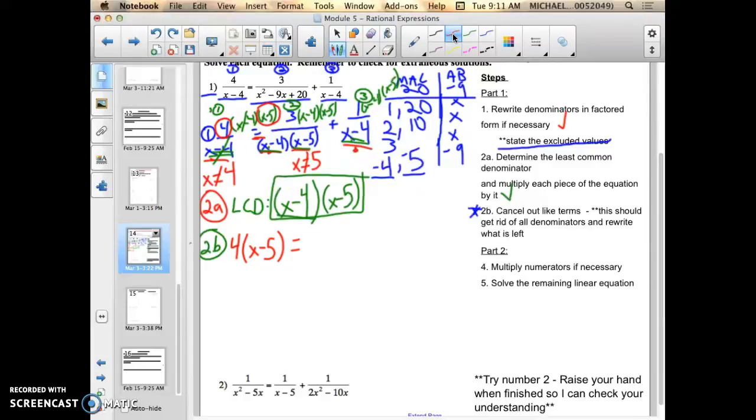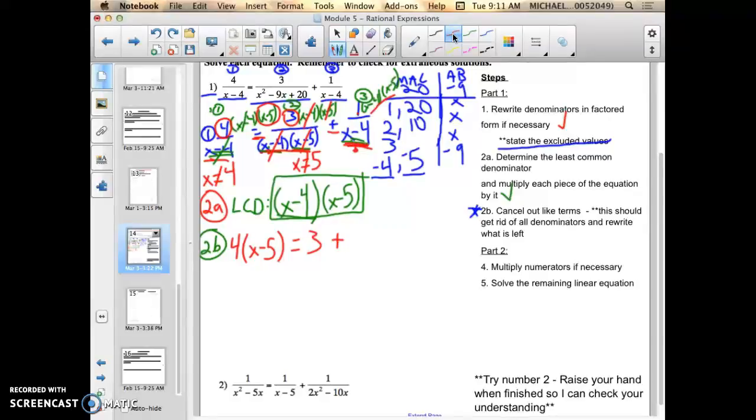Now, same thing for my second chunk. I have a 3 multiplied by the least common denominator, but in the denominator down here, if you notice, x minus 4 cancel out, x minus 5 cancel out. So I'm just left with this 3. And then I have a plus, so 3 plus. Finally, my last piece, piece 3 up here, I have a 1 times my least common denominator.